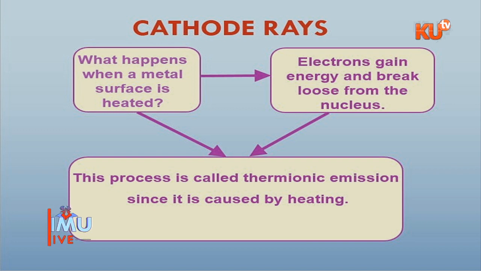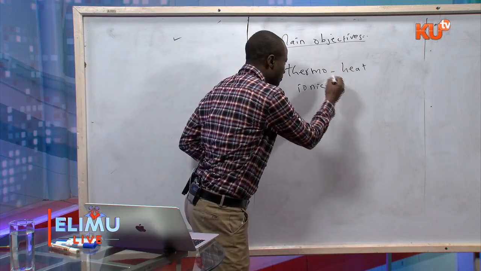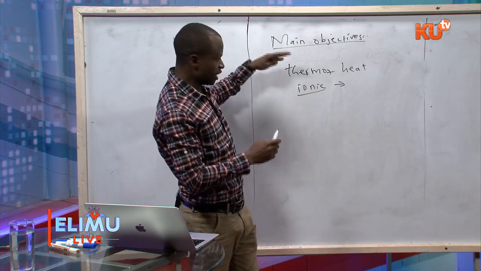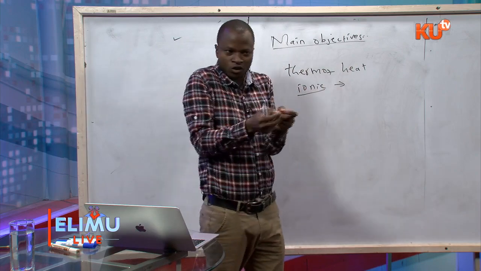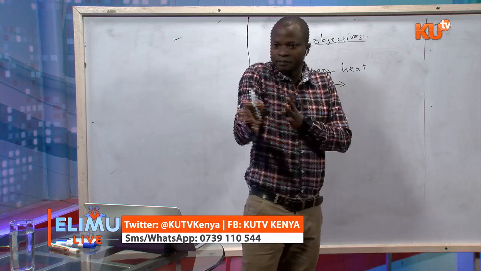From 2 words, thermo, you need to remember, thermo means heat, and the other word is from the ion. So they are particles but in ionic form. Therefore, when you heat the surface of a metal, the electrons will gain energy and start moving. They break loose.